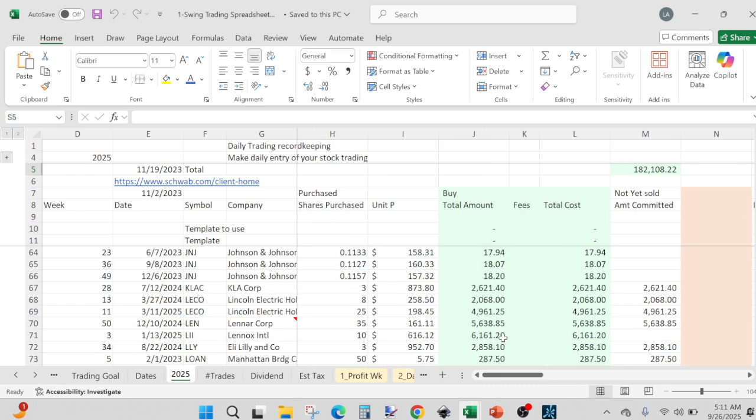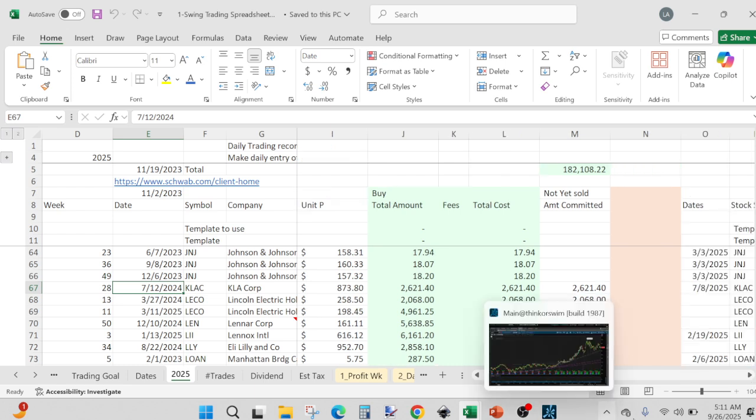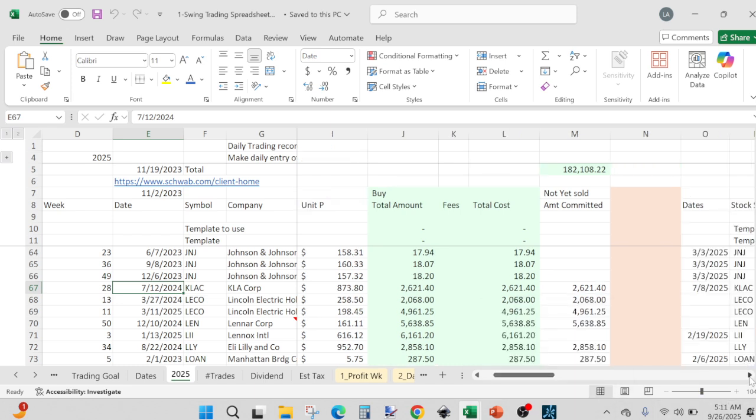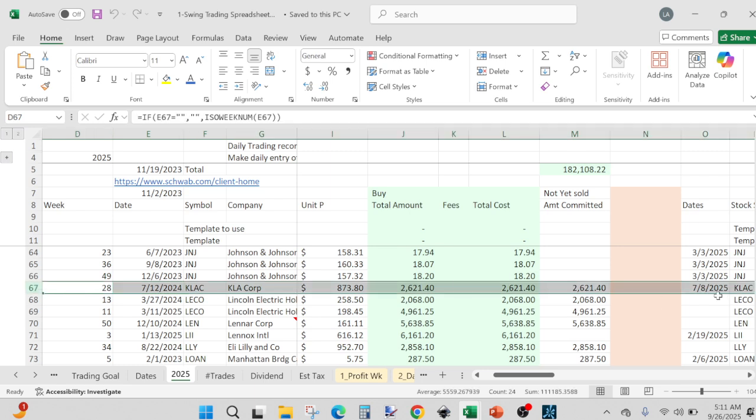Once you are comfortable with the strategy and the stocks you are trading to make more profits, you just buy more shares. You can see, for instance, I have a stock from mid last year that I have not sold. Let's see, I think we sold this one. Oh, we sold it a year later.